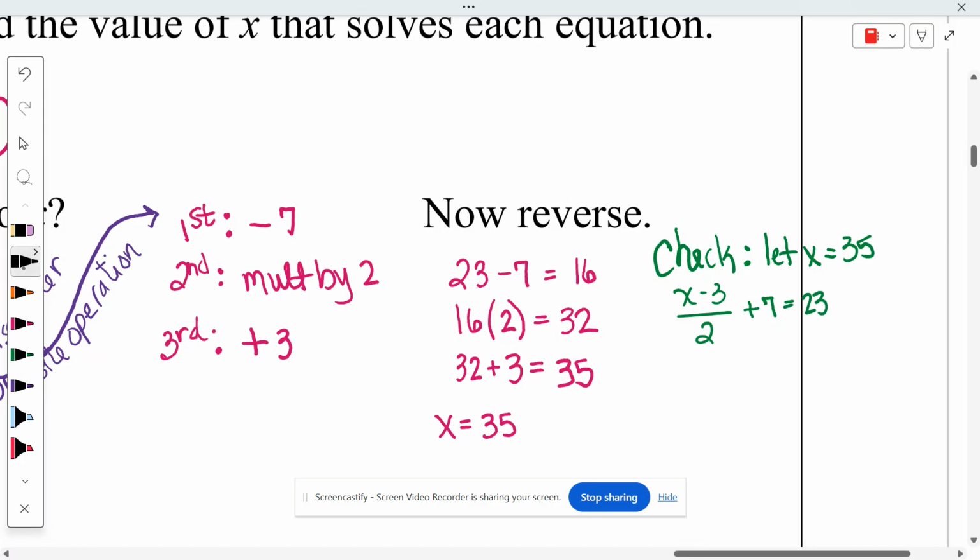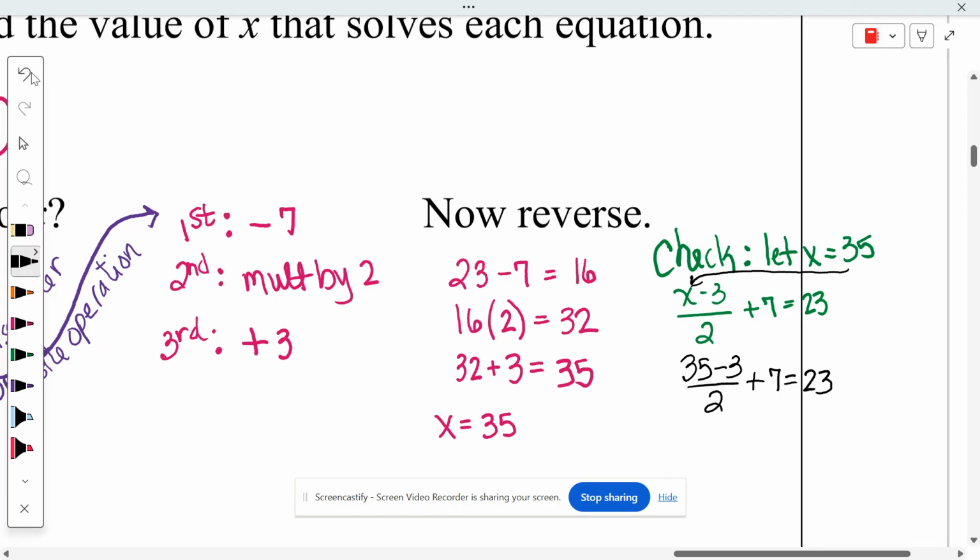All right, so now I'm replacing the x with a 35. Whoops. I didn't mean that to turn into a straight line. I want it to be an arrow. There we go. So 35 minus 3 over 2 plus 7 equals 23.